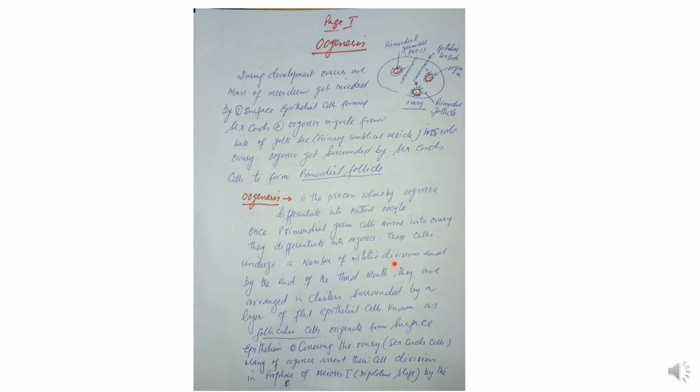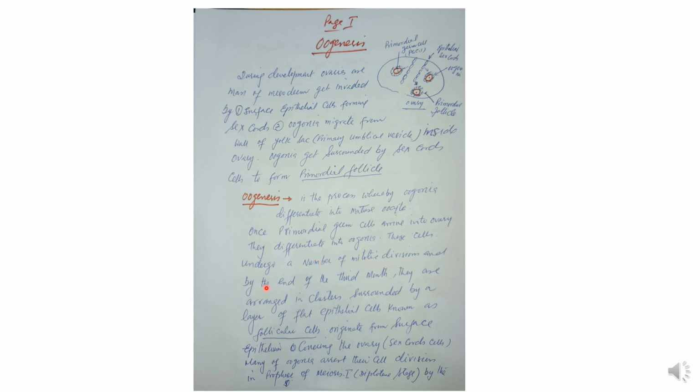The cells undergo a number of mitotic divisions. If, say, 10 cells enter, they multiply rapidly by mitotic division and increase their number in the ovary. Say they become hundreds or thousands.